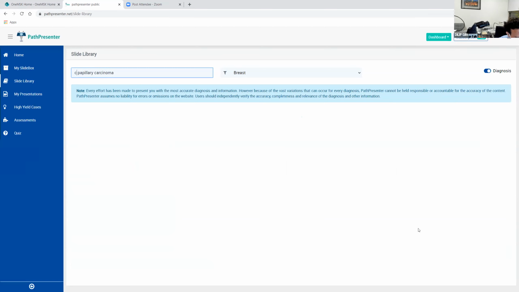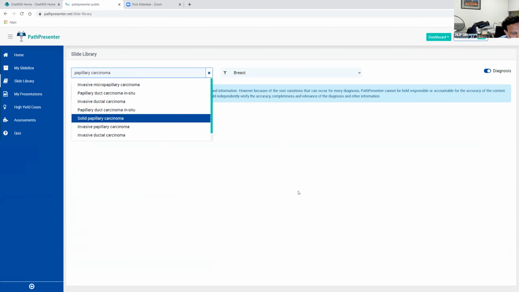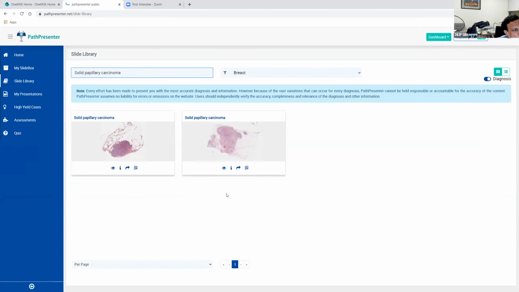We don't have, unfortunately, so that's okay. Okay. Can you just type papillary and see what it comes up with? Just papillary. That's what we got, I think. Oh, solid papillary. Okay, so we got solid papillary.